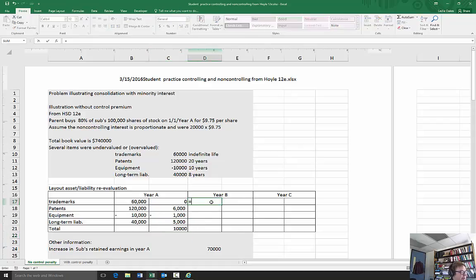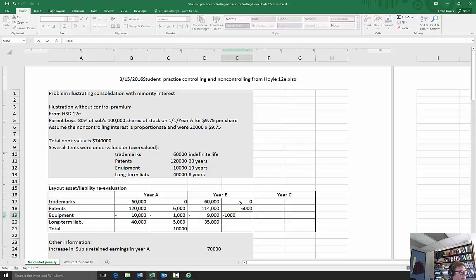Now, what is the balance going to be at the beginning of year 2? We're going to go ahead and amortize all the way down. So the 120 less 6 leaves 114. The 10,000 minus 1 is 9. The 40,000 minus 5, 35. These amounts are going to be the same, 0. 6,000 minus 1,000.